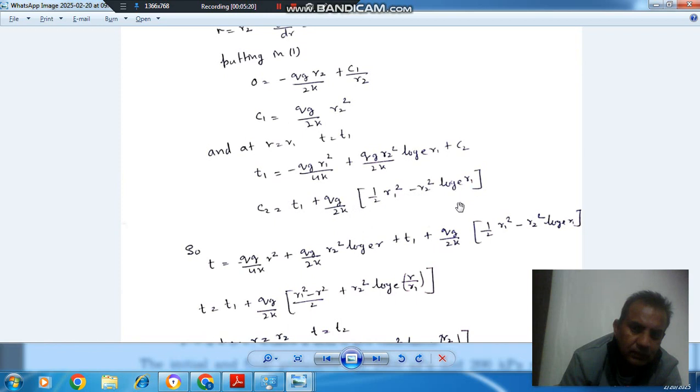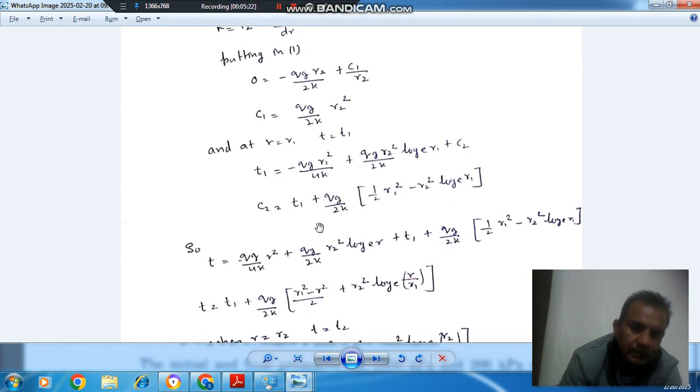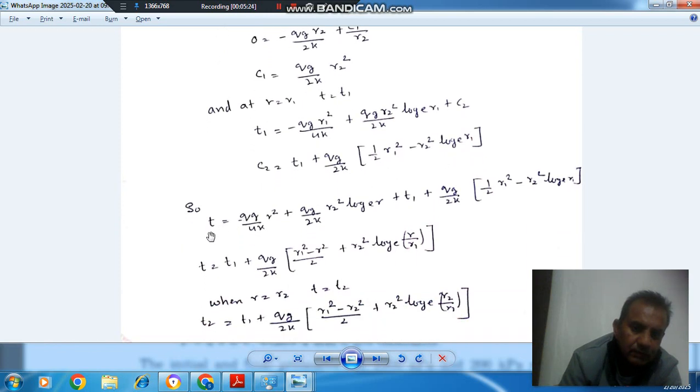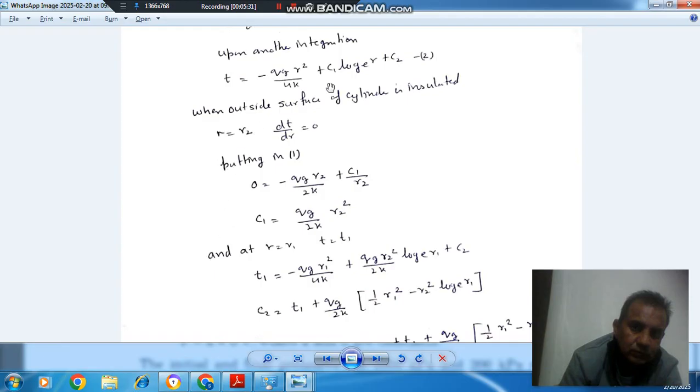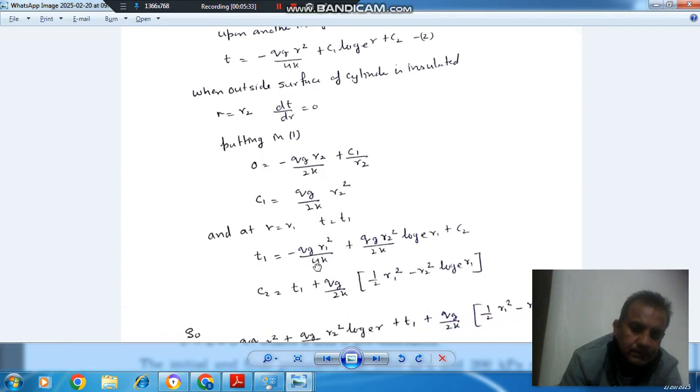Now the general expression for T is this. We can put the values of C1 and C2, so we get this equation.